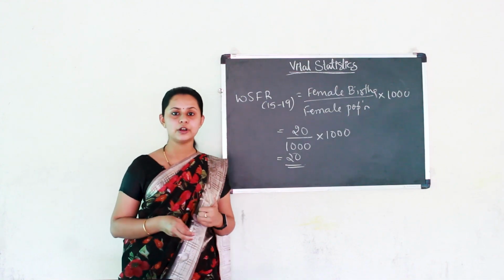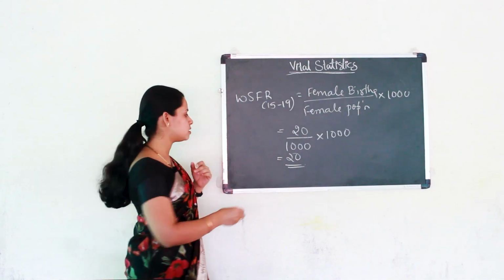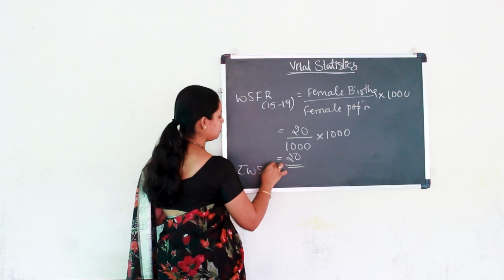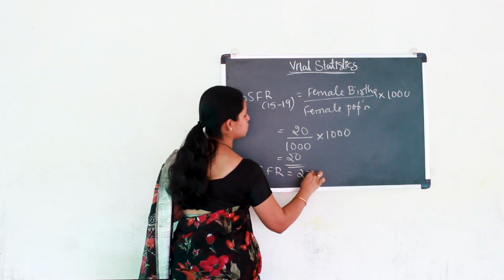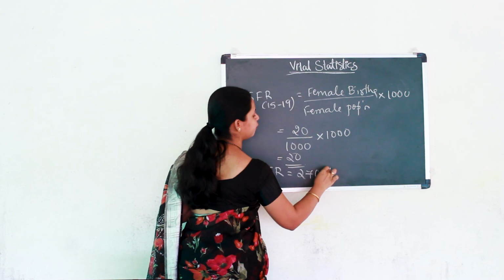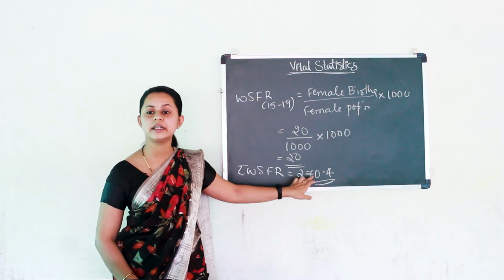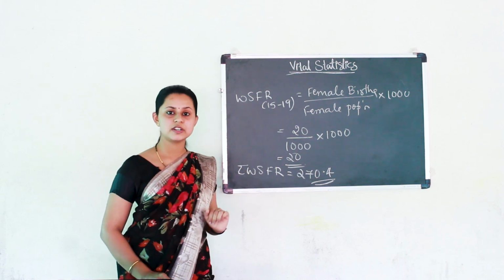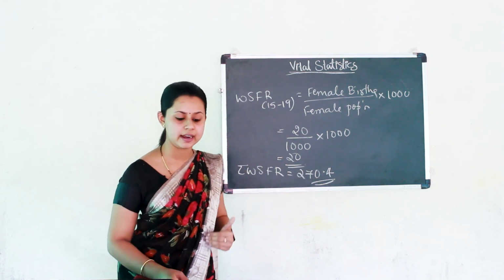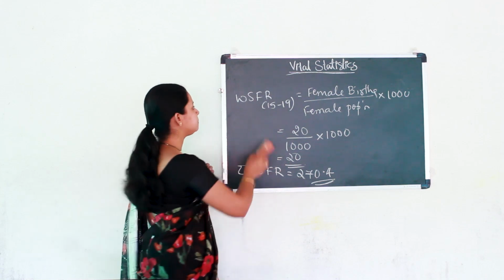So the total, summation WSFR, is 270.4. Next we shall study how to calculate GRR, or gross reproduction rate.